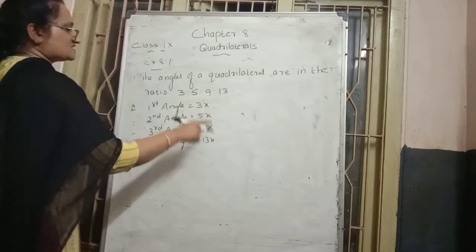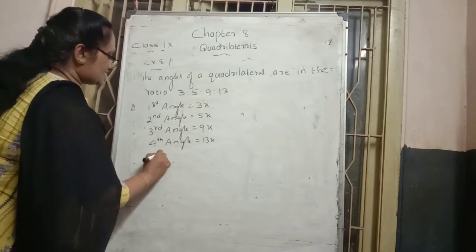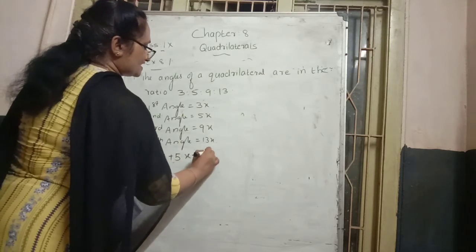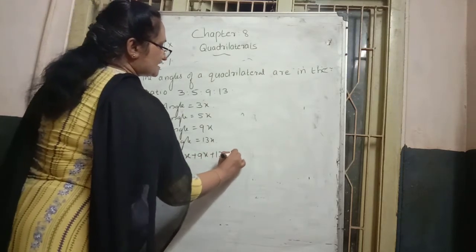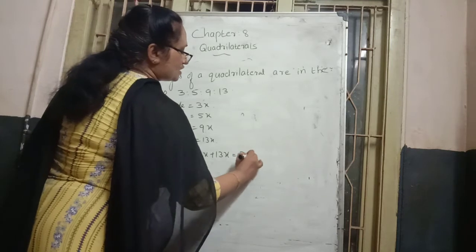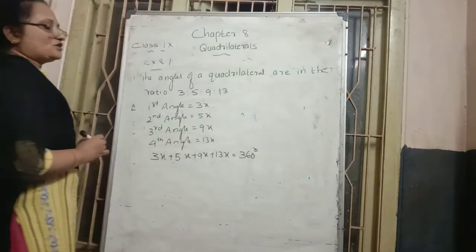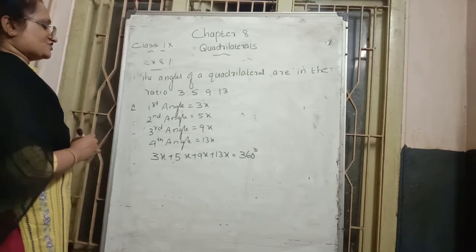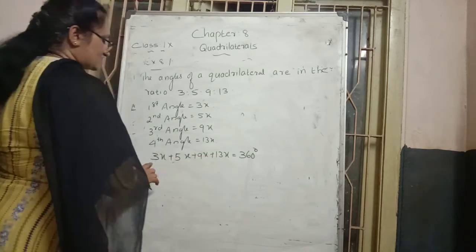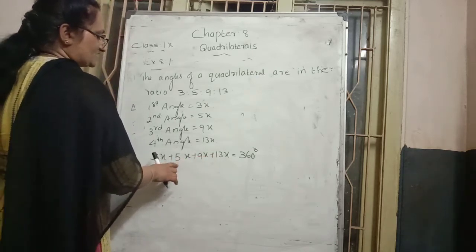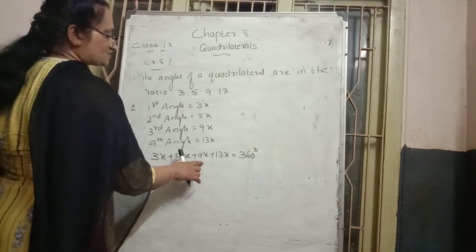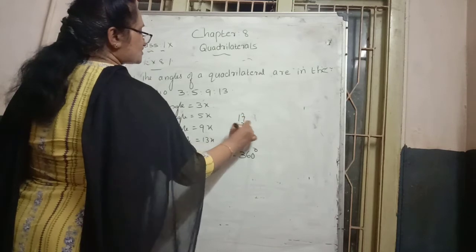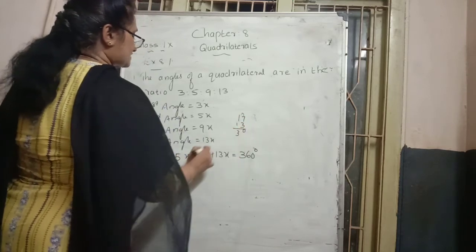Then the sum of these 4 angles, 3x plus 5x plus 9x plus 13x, is equal to 360 degrees, because the angle sum property of a quadrilateral says the sum of 4 angles is 360 degrees. Add 3 plus 5, which is 8. 8 plus 9 is 17. 17 plus 13 is 30x.